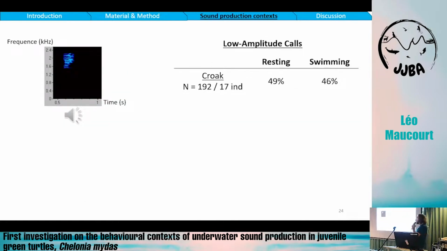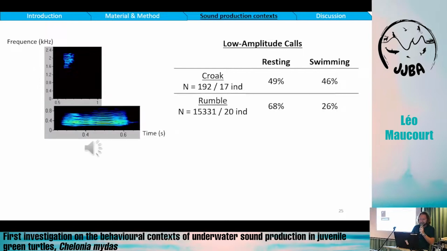The second category is the low amplitude call, with the croak and the rumble. Here again, they mostly co-occurred with resting and swimming, but the interesting thing here is the inordinate number of rumbles.